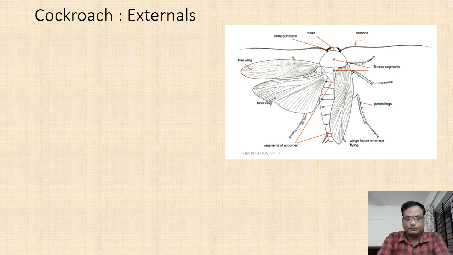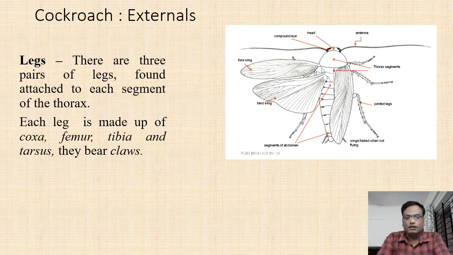Then as far as the legs are concerned, there are 3 pairs of legs, and in each segment we find one pair of legs. So here you can see the first pair of leg from the first thoracic segment, second pair of leg from second thoracic segment, and the third pair of leg from the third thoracic segment.